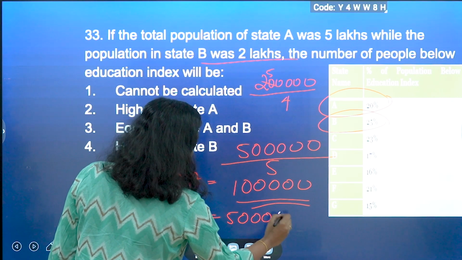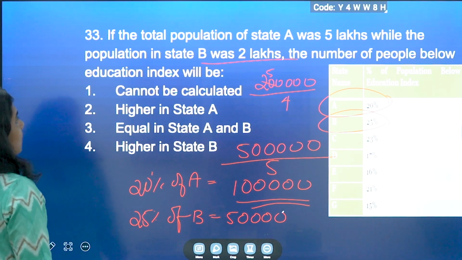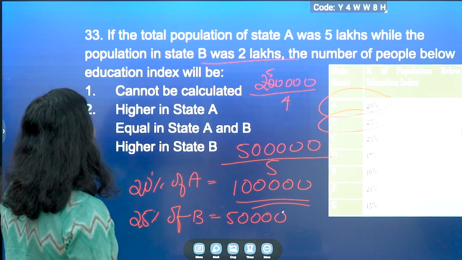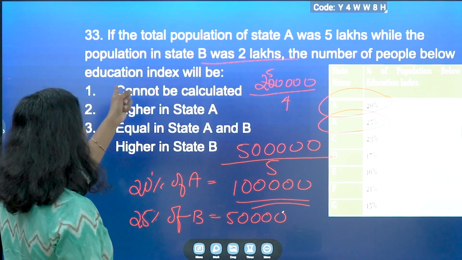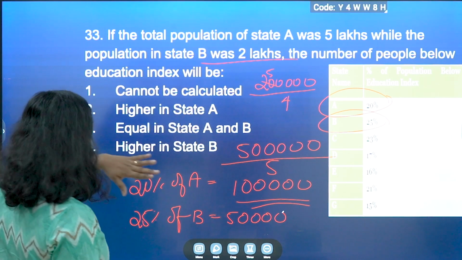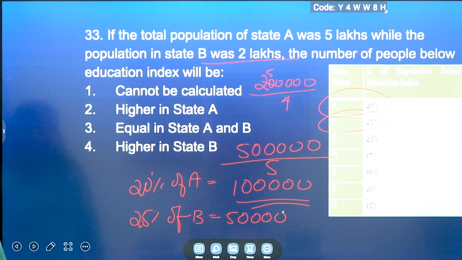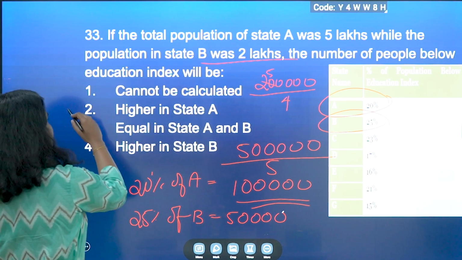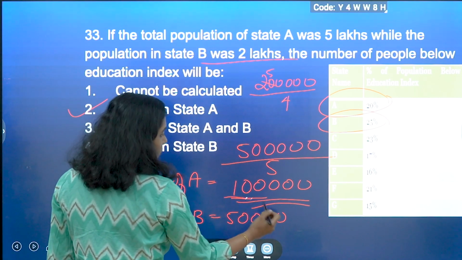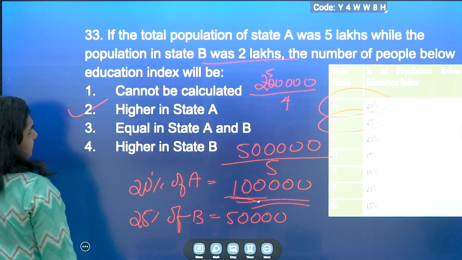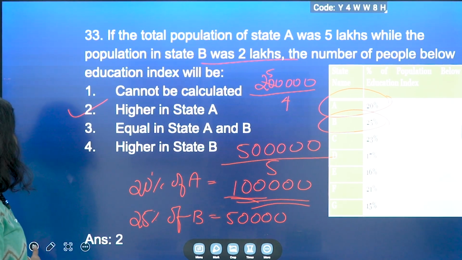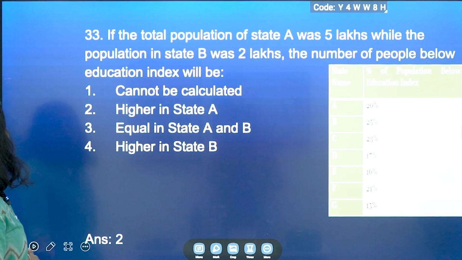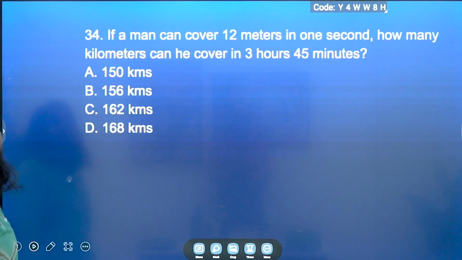Okay. Now the number of people below education index will be higher in state A, right? In state A it was 1 lakh and in state B it is 50,000. So higher in state A. Option 2 is the answer. Okay. Moving on to the next question.